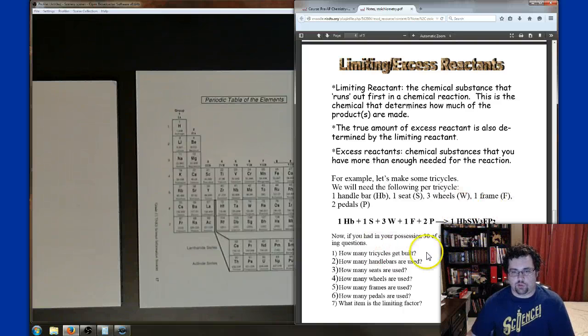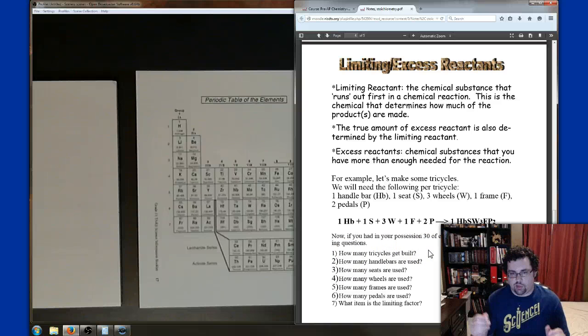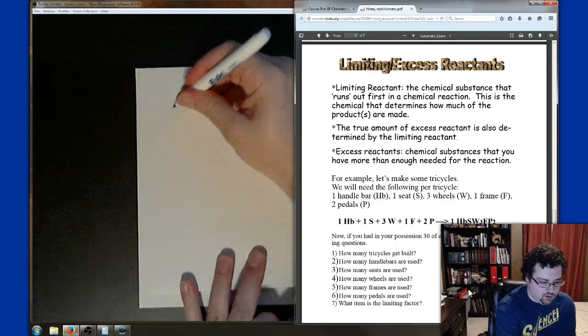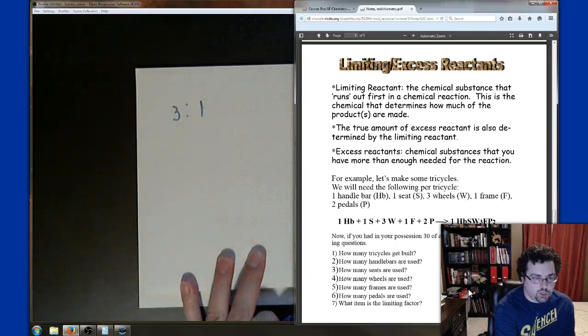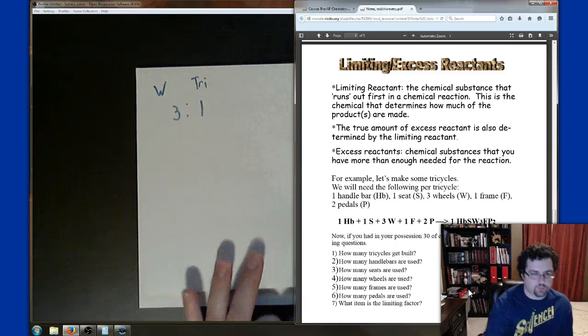Alright? So if you had 30 of each of these things to start with, if you went into a factory and found 30 of each of those pieces, answer the following questions. How many tricycles are going to get built? Well, if you have 30 wheels and 30 of everything else, but you need 3 wheels for each 1 tricycle, that is a 3-to-1 ratio of wheels to tricycles.